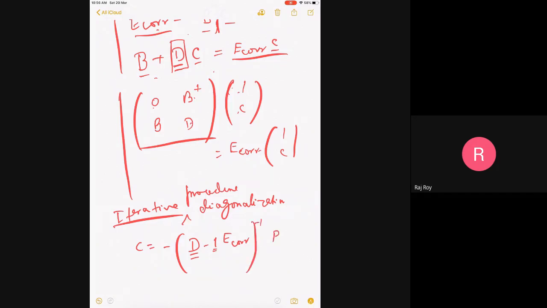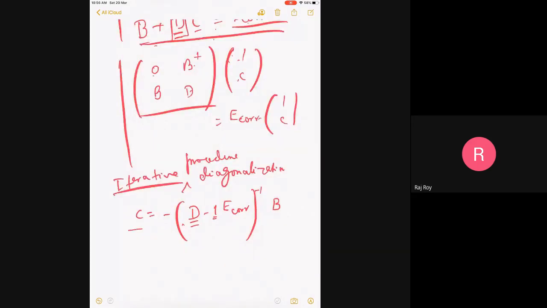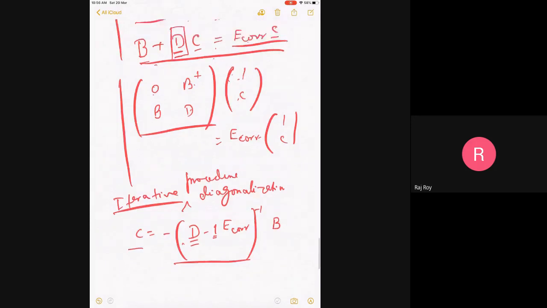Inverse B. I hope all of you can derive this very easily. So what you do, D minus E correlation C equal to minus B. So C will be minus D minus E correlation inverse B. Remember not to swap. Keep it like this. So this is also a square matrix times a column gives you a column. Always you should see that the dimensions are matching. So this is what you get.